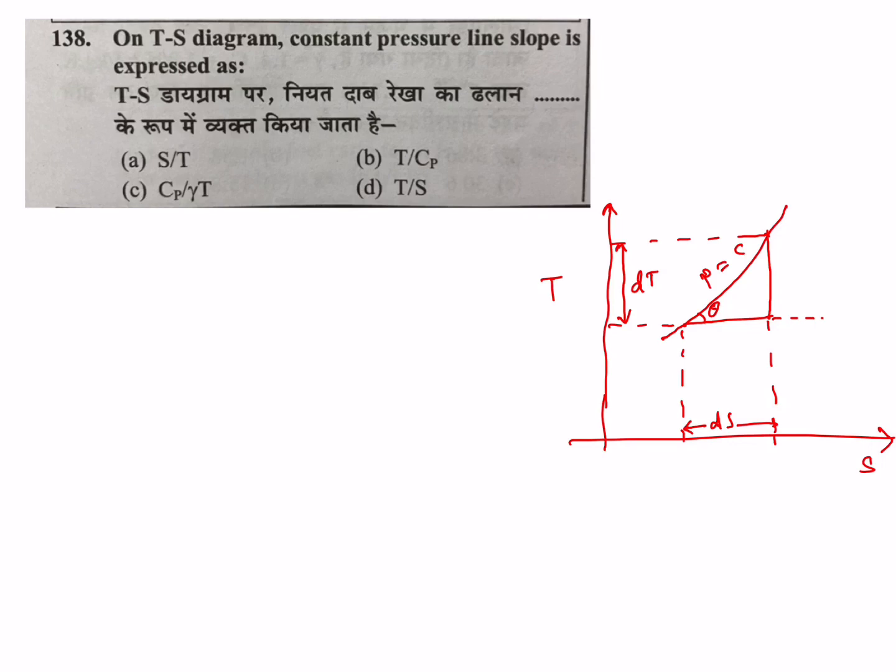So dQ for this small area or small triangle is T into dS, or dQ equal to T into dS.